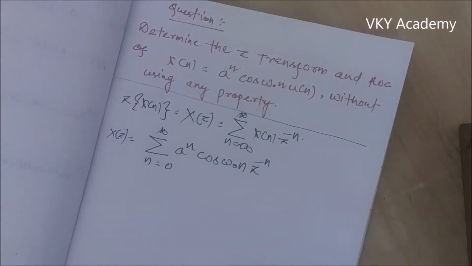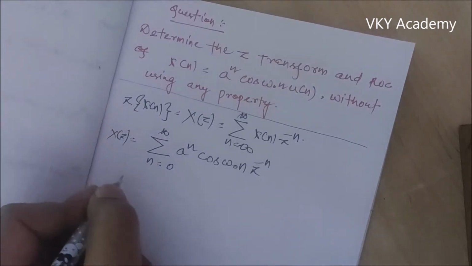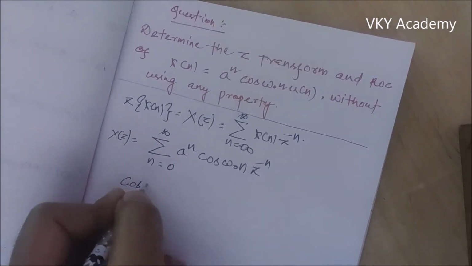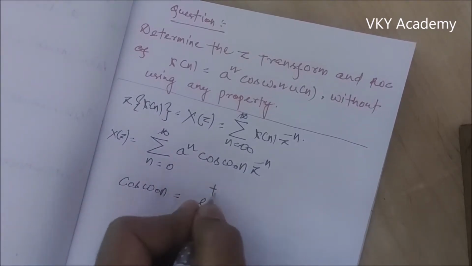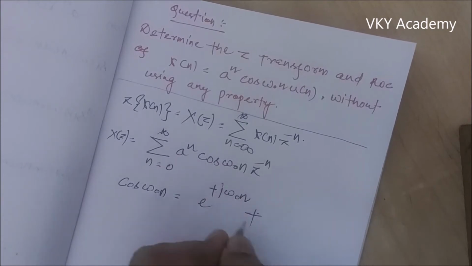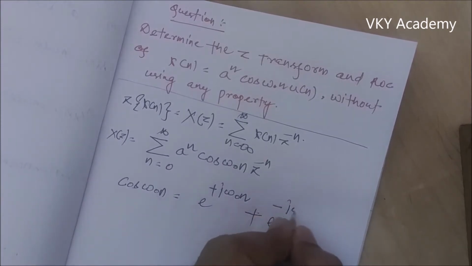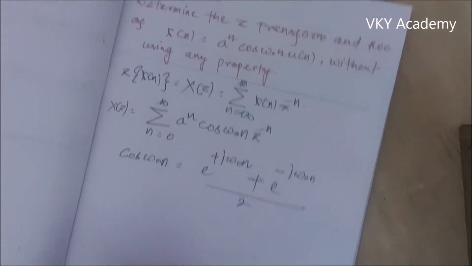Now we need to put the exponential equivalent of the trigonometric function, and as we know, cos omega naught n can be written as e to the power plus j omega naught n plus e to the power minus j omega naught n divided by 2.